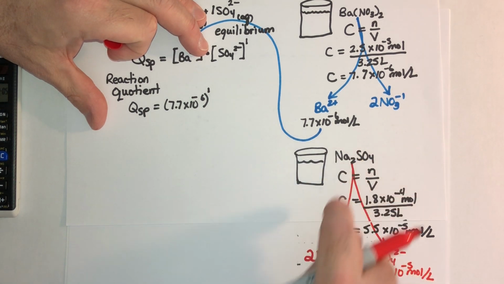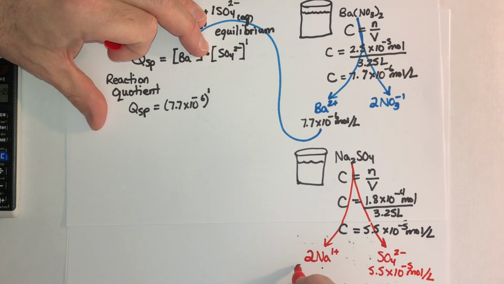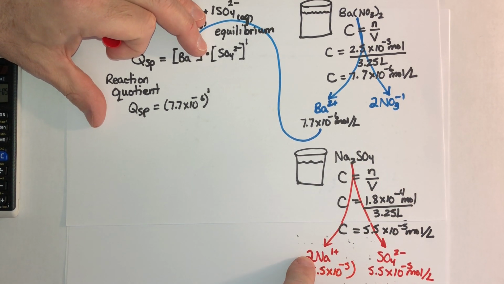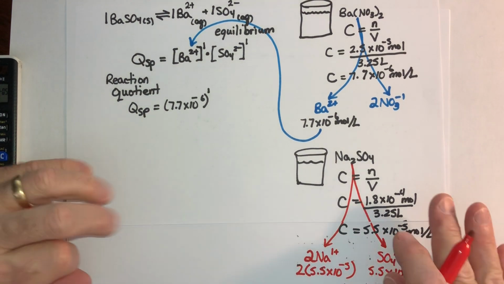Because it's a 1 to 2, for every 1 of these, you get 2 of these. Your concentration here would actually be double. So 2 times 5.5 times 10 to the minus 5. Right? Because you're getting 2 of them. You're getting twice as many, so you'd have twice this number. Now, in this case, the sodium is not what I'm interested in, and therefore I can just ignore it.